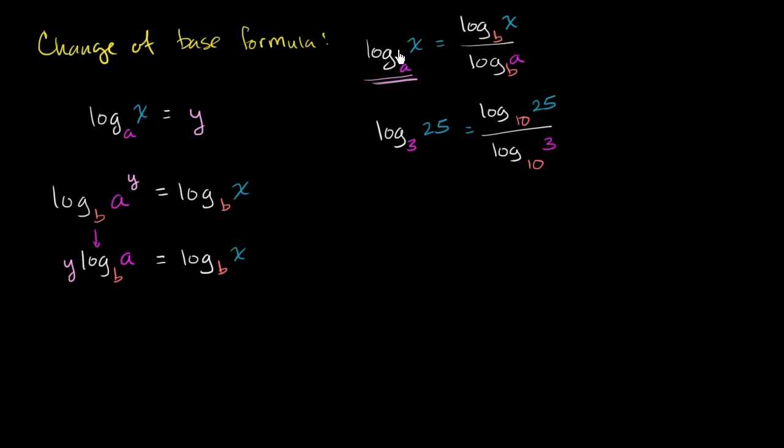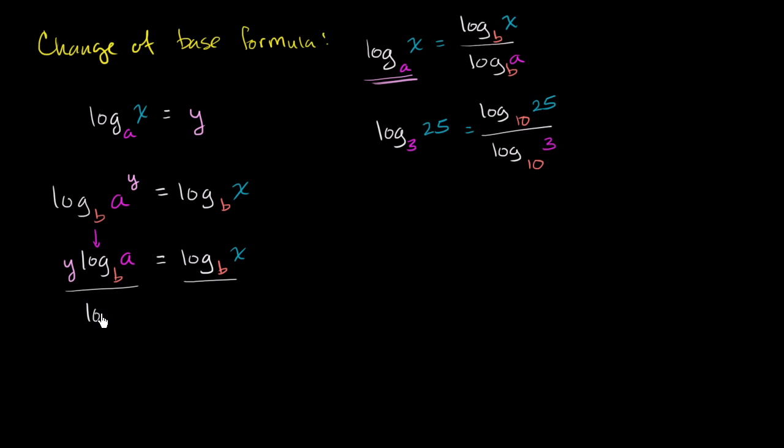And now let's just solve for y. This is exciting because y was this thing right over here, but now if we solve for y, we're going to be solving for y in terms of logarithm base b. To solve for y, we just have to divide both sides of this equation by log base b of a.